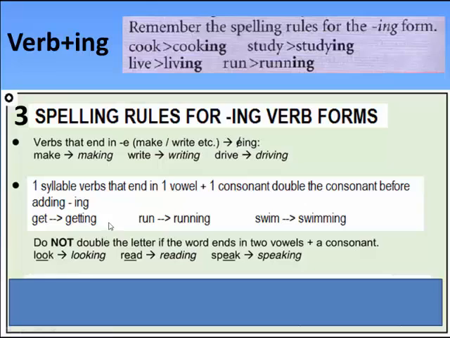Sometimes we have verbs that seem to follow this rule. Look is one syllable. Vowel plus consonant. But here we do not double the consonant. Why? Because we do not double the letter if the word ends in two vowels plus a consonant. Here we have two vowels.